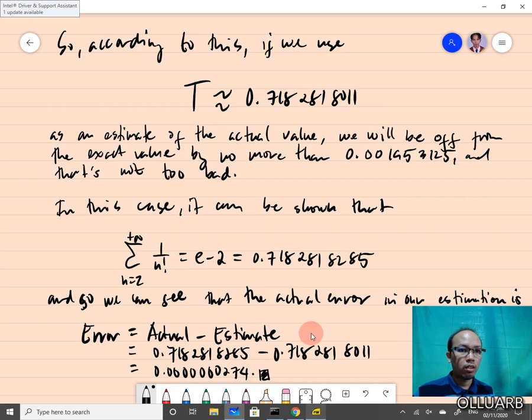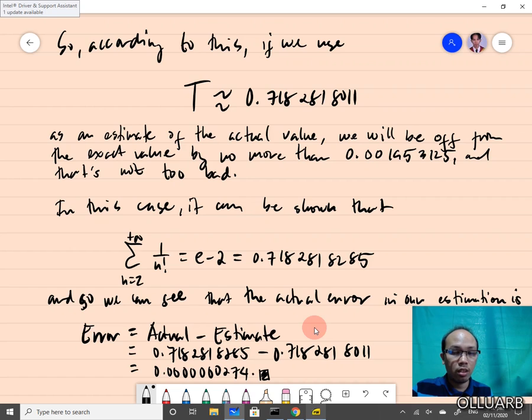Okay, so our third method, our third test, we will be using the alternating series test. So of course this test will be used if there are negative terms, but the negative terms that we use here should alternate. Okay, you cannot use this if the given series is not an alternating series.